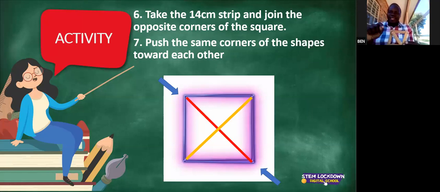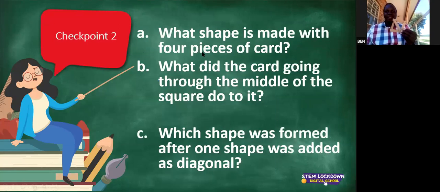You must understand triangulation before you do that task for the term 2 project. The term 2 project will be about technology, where you're going to build a particular structure. So now, the question that I want to ask you: what shape is made with 4 pieces of card?